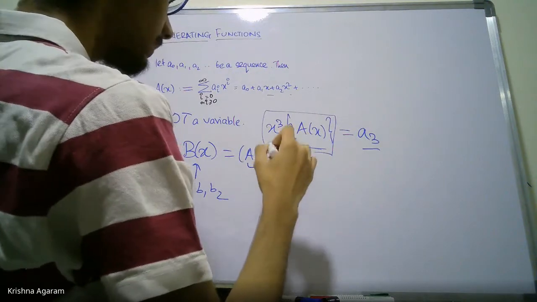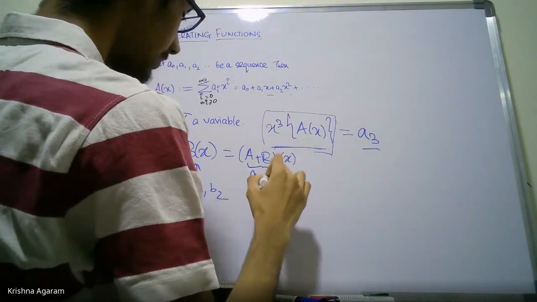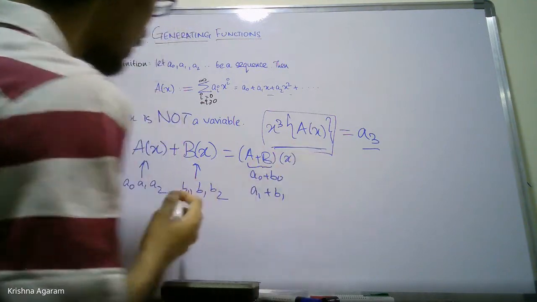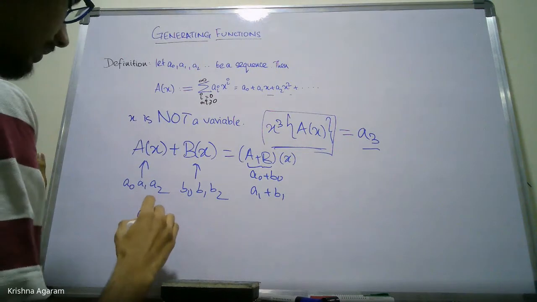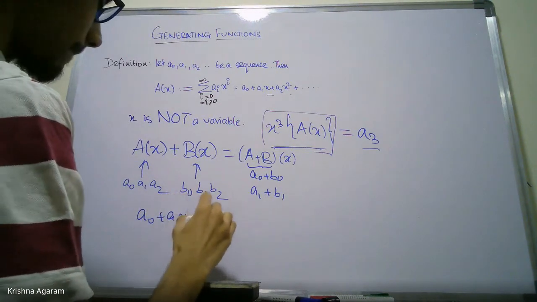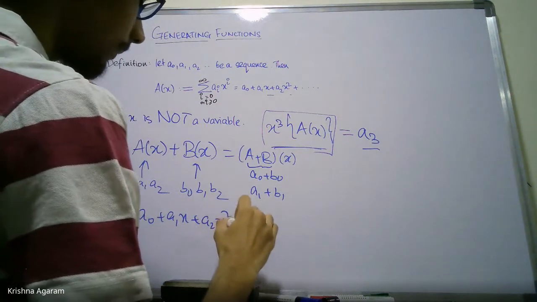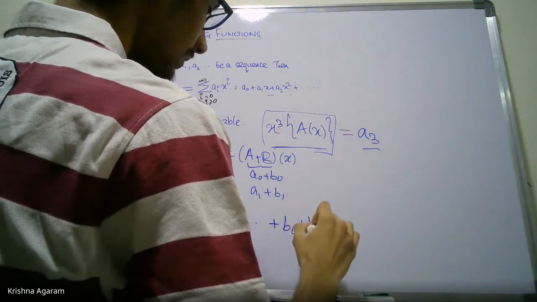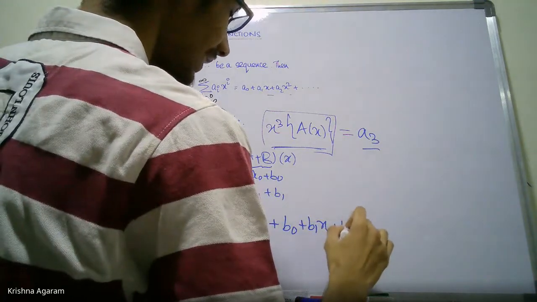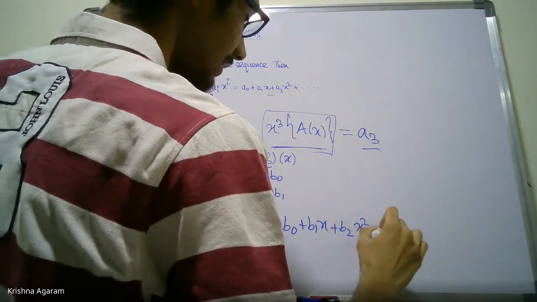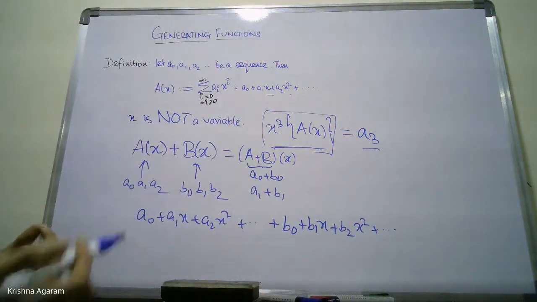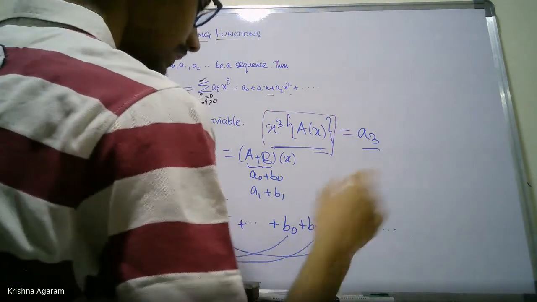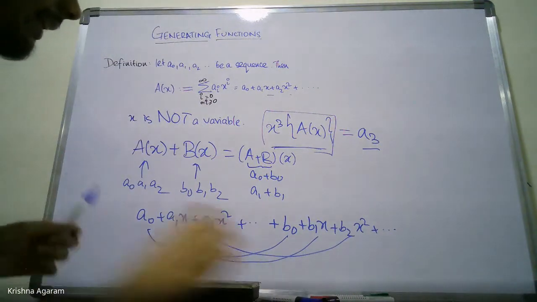So a plus b, the constant term is a naught plus b naught. The linear term is a1 plus b1. This is kind of obvious if it's for polynomials. So it's just this. But important to notice is that it's defined this way. It's not that you could take it that way. It's more of a definition for now at least. So you're allowed to do this and so on. Okay.